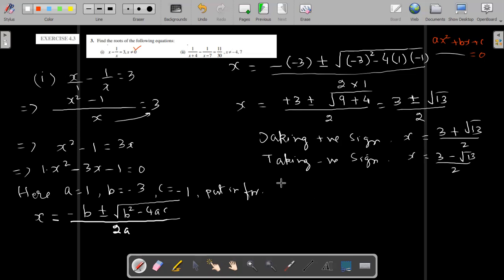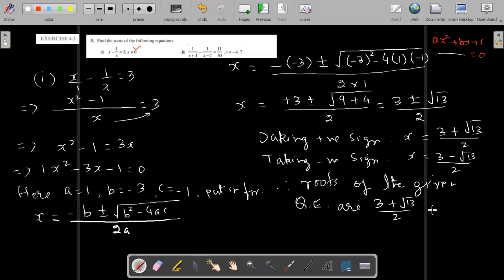So these are the roots. Therefore, roots of the given quadratic equation are 3 plus under root 13 by 2 and 3 minus under root 13 by 2.